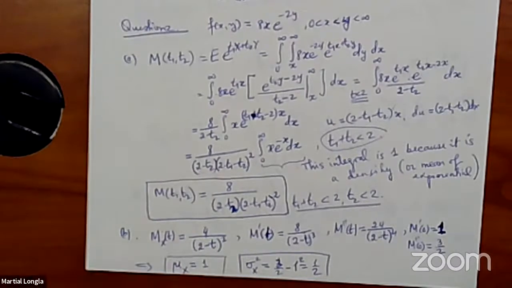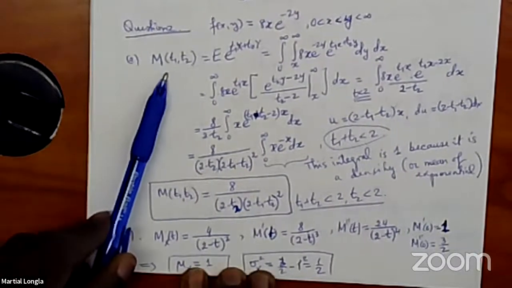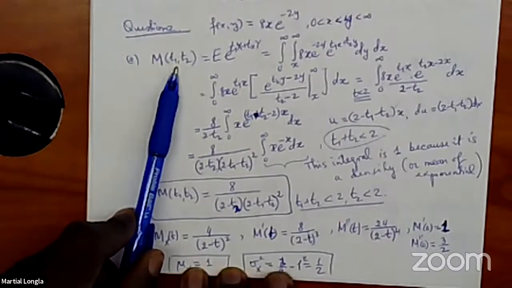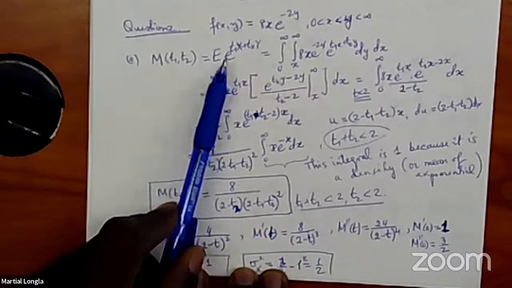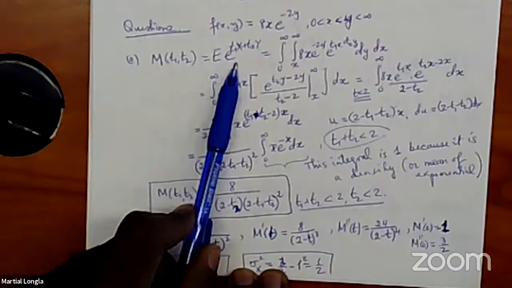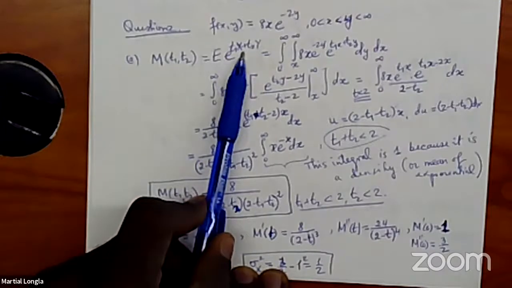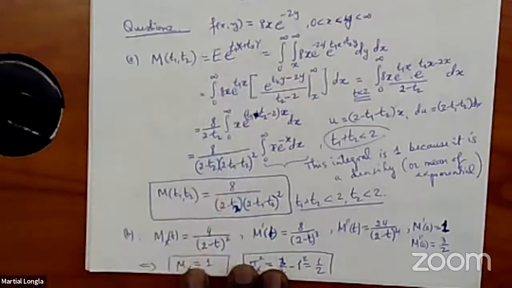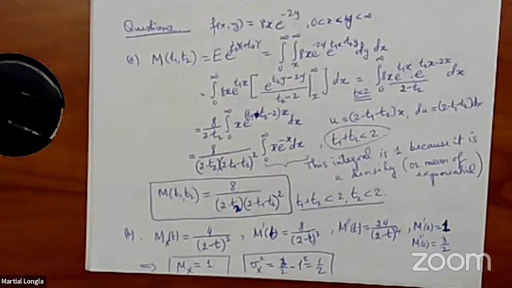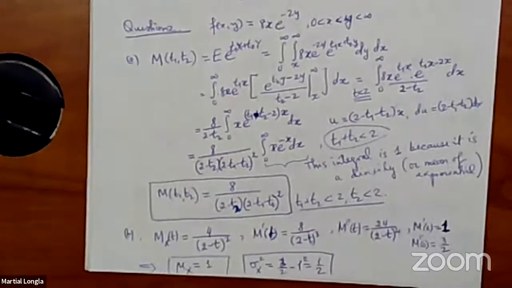The first thing is to make sure you know that the definition of the moment generating function of a vector is equal to the expected value of e to the t1 times the first component plus t2 times the second component. It's not just one t, there are two t's there.